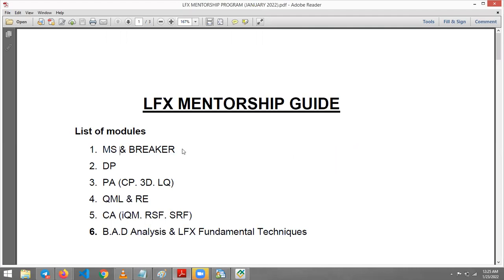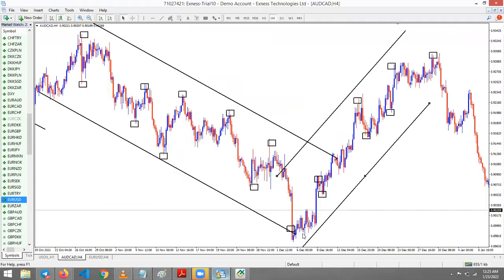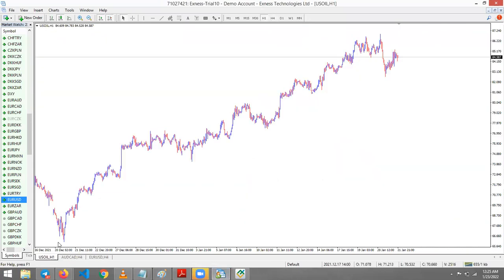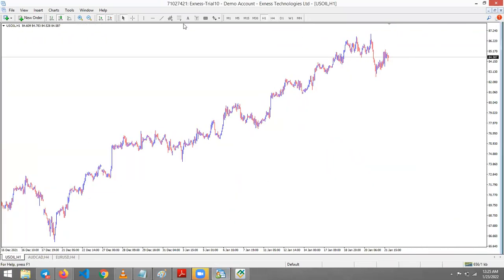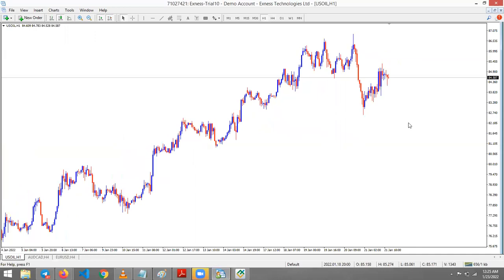So this is session 1. Let me just get an example on that. I think it was US oil. I want you to pay close attention here. This is what we call US oil. What do you notice here? Here we have what we call an uptrend, right?